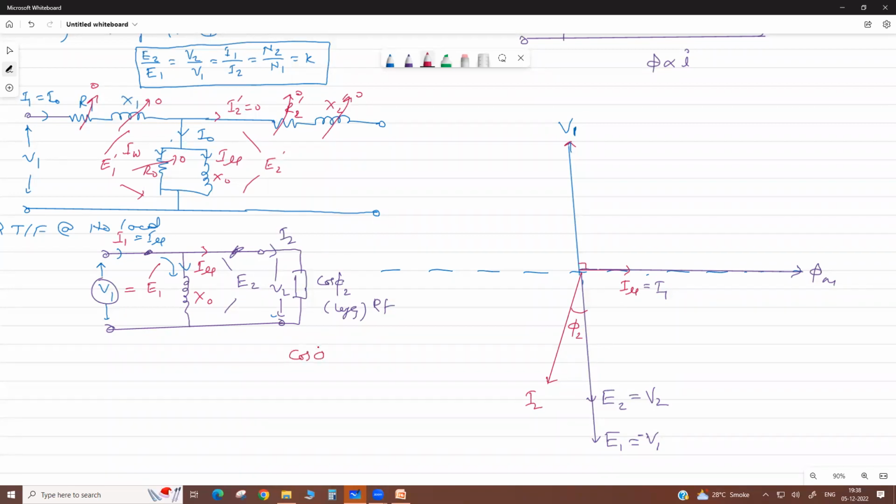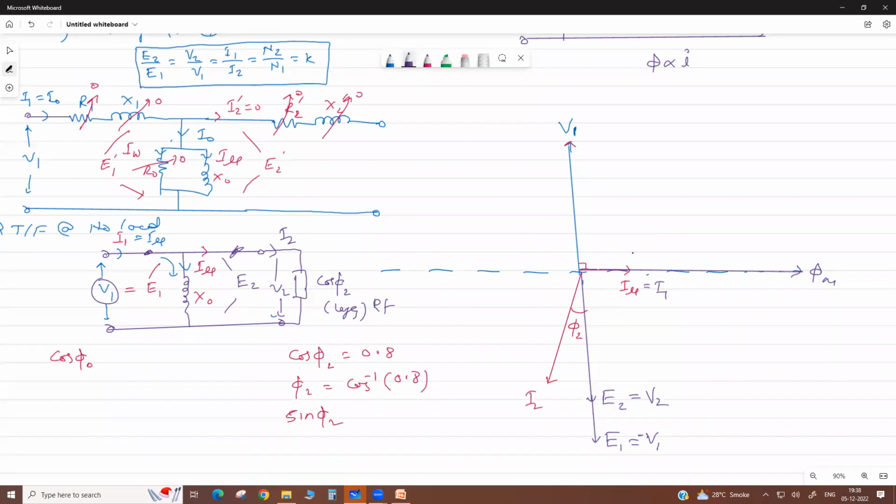Cos phi 2, suppose it is 0.8. Then phi 2 we can calculate, it is cos inverse of 0.8. Then we can calculate sin phi 2 also, same like no load power factor cos phi naught. We come to that later on. So see, this is your I2 load current.